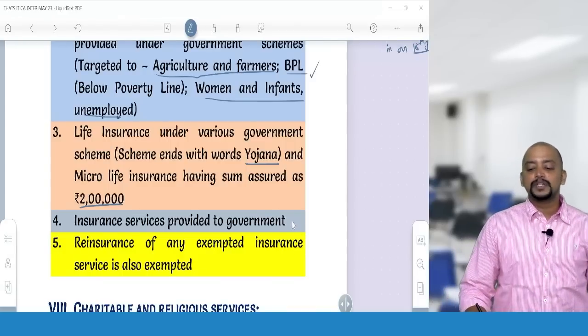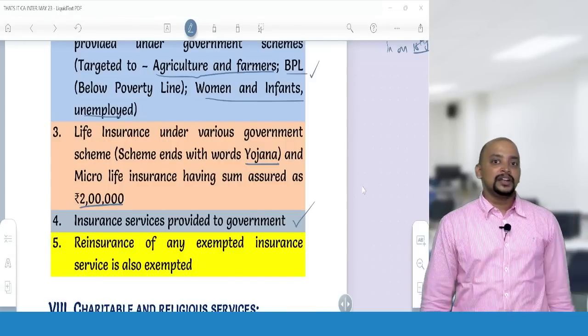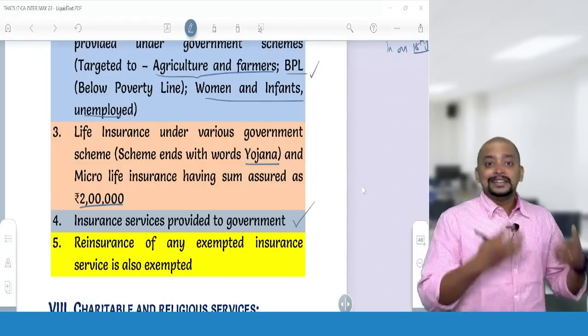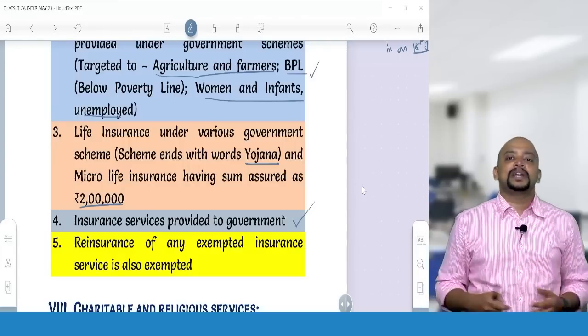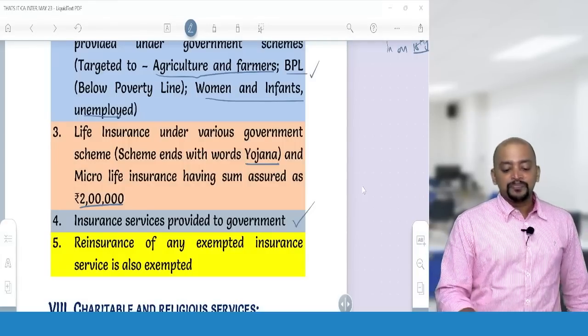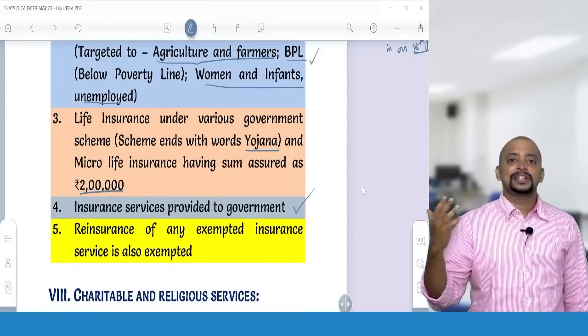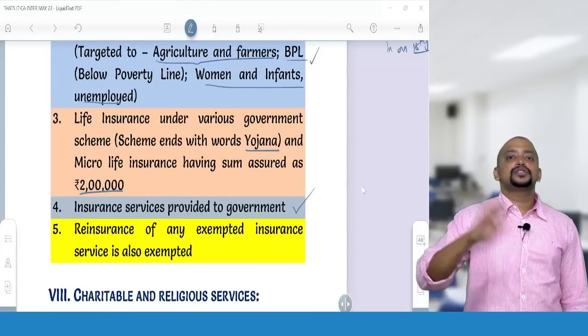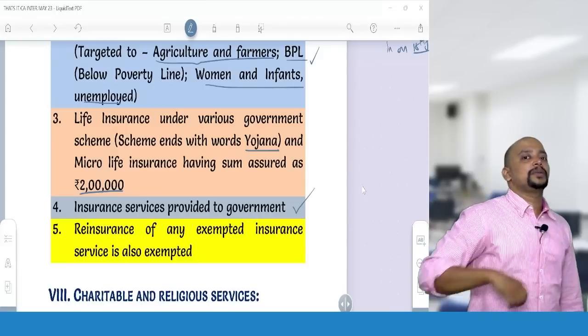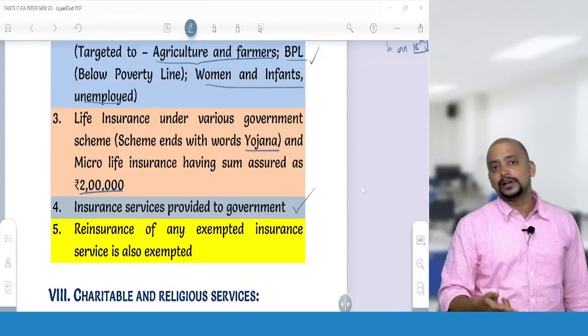Then insurance service provided to government is exempted. Government also will take insurance services from an insurance company, let it be life insurance or general insurance. Now, for these 4 points, wherever insurance is exempted, its reinsurance is also exempted. If the main insurance is exempted and we take reinsurance on that, that reinsurance is also exempted.